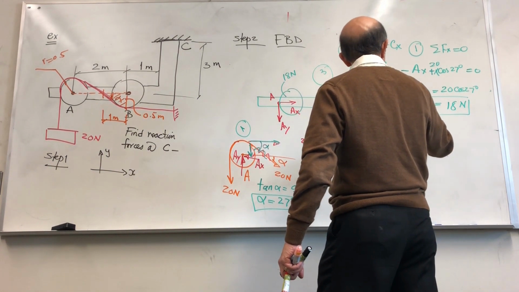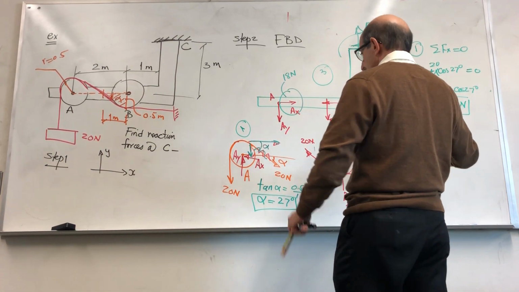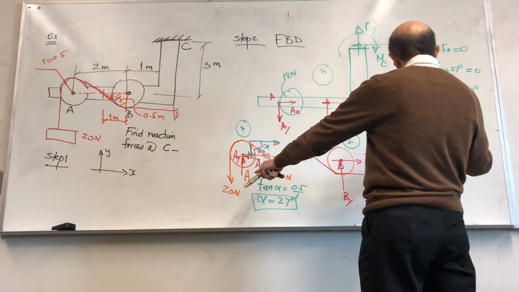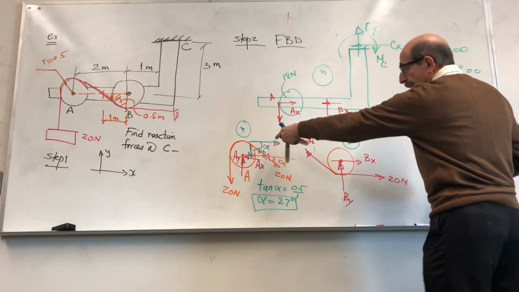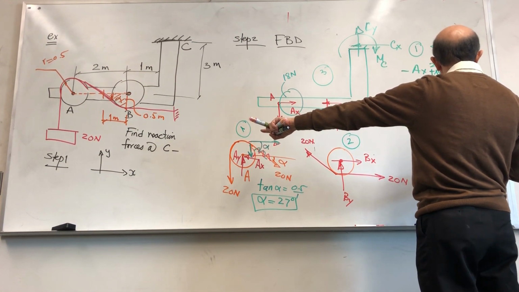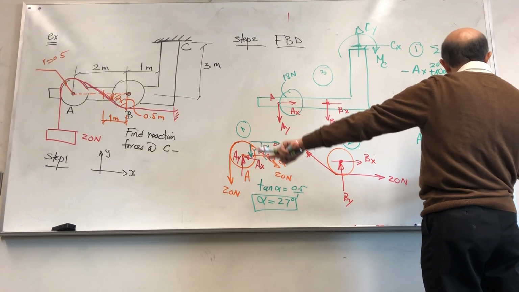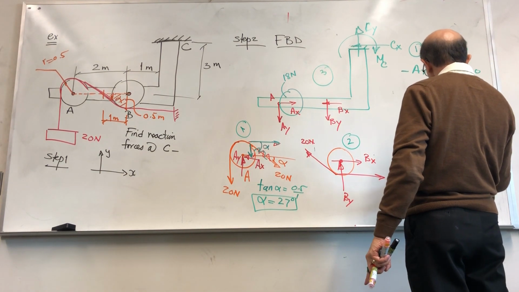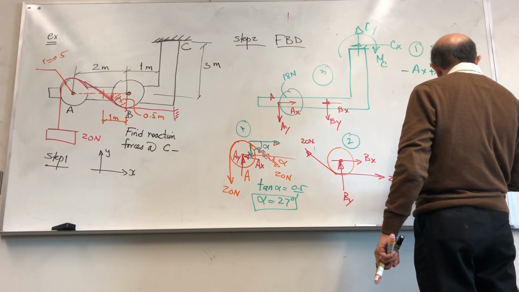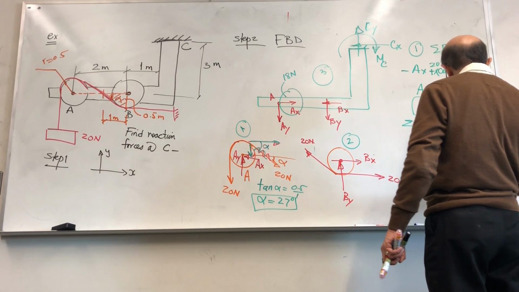I write summation of forces along y is equal to 0. So I have Ay minus 20, this force, and then minus this one, which is 20 sine of 27, equal to 0. So Ay would be 20 times 1 plus sine of 27.